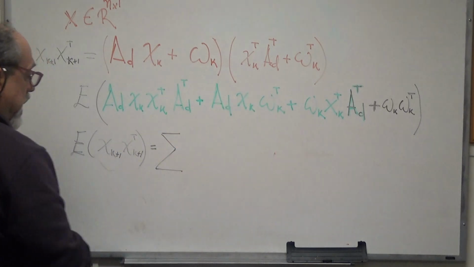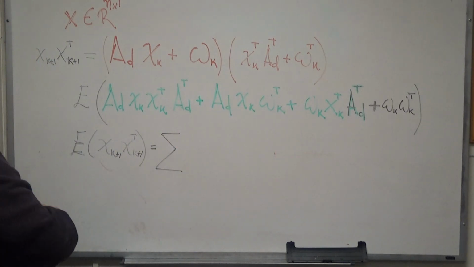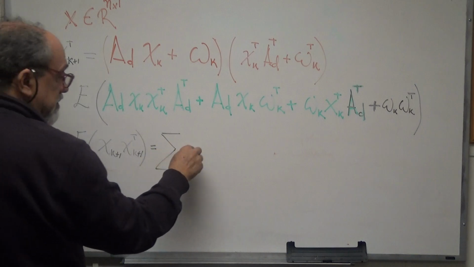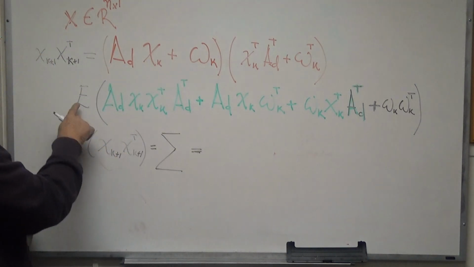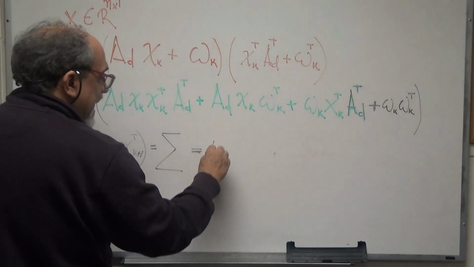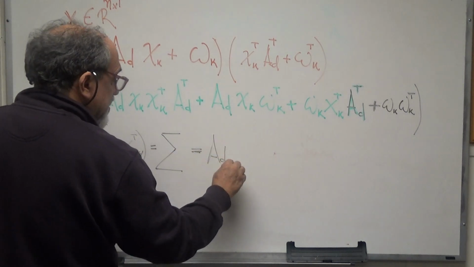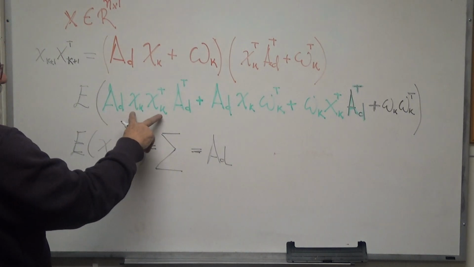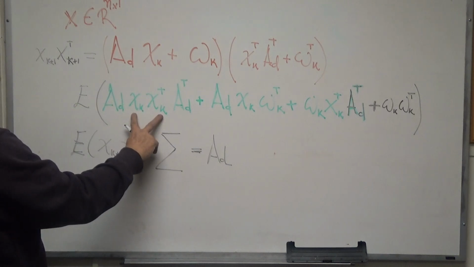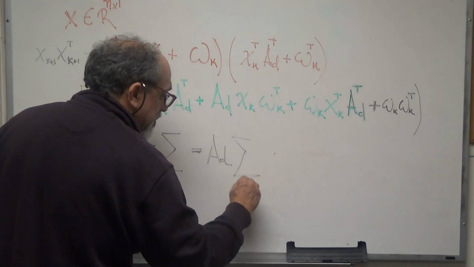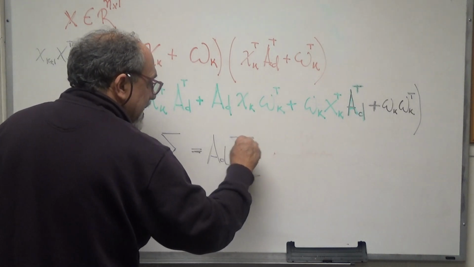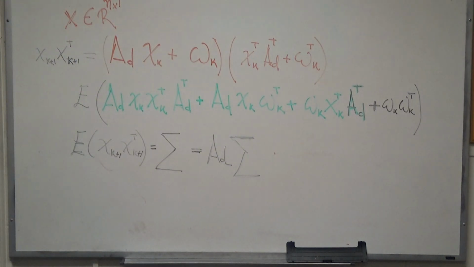It's not changing with time. Therefore, that is equal to this. Now, if we take the expectations here, AD is just a constant matrix. And the expectation now applies to xk times xk transpose, and that is also sigma, because as I noted, the expectation does not depend on the k of the state.